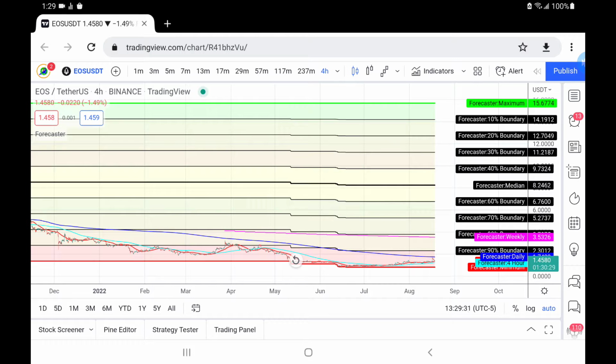Or from the standpoint of this image on the screen, this chart, your emphasis should be more on the lower region of the chart versus the upper region to maximize your profitability.